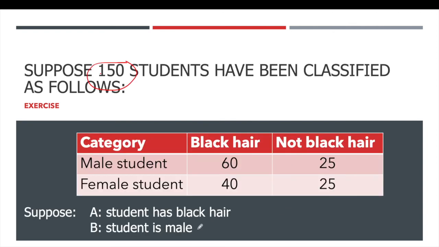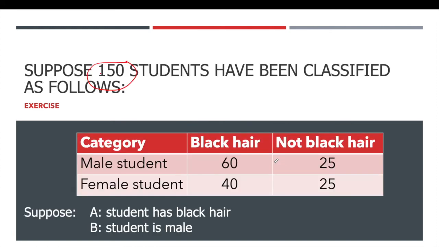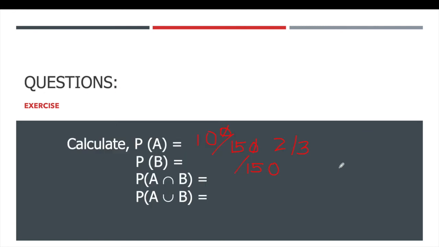Next, what is P(B), the probability for B? B is the student is male. They just want to know how many males here. Again, the total should be 150, and how many male students? 60 plus 25, 85.